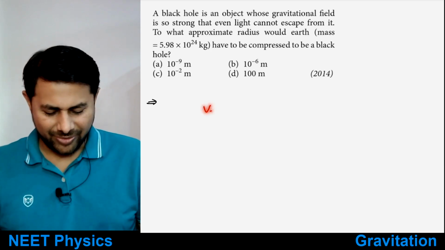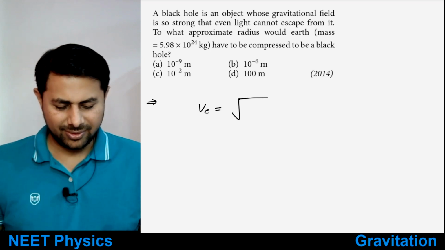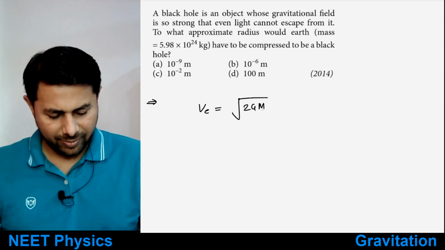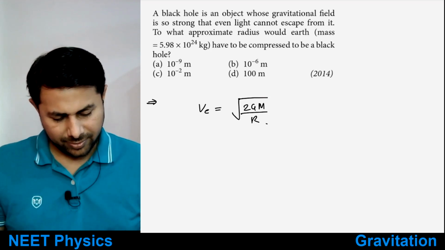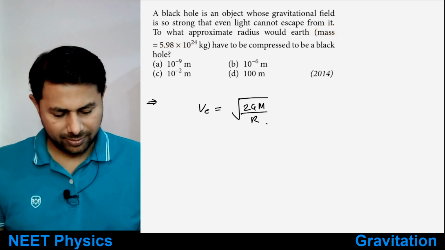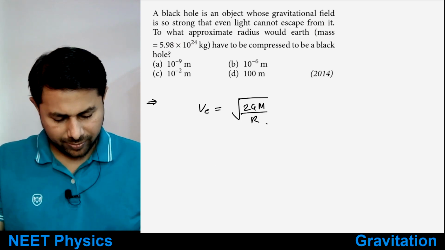So we know what the escape velocity is. It is square root of 2GM over r, right? So mass of Earth is given, then we need to put the values.